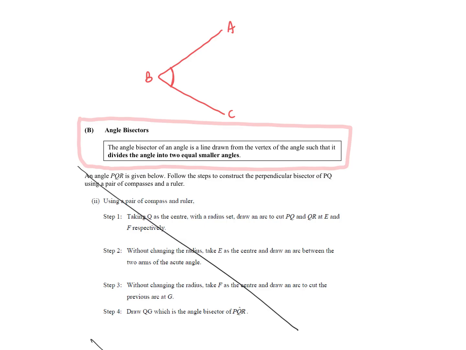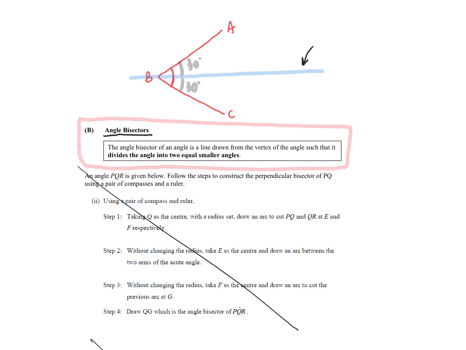If I want to draw a line that bisects the angle, it's called an angle bisector. This line will cut the angle into half. So if this angle is 60 degrees, this line will cut it into 30 and 30. It will directly bisect the angle. So this is the line that we will learn how to draw, how to bisect the angle into half.